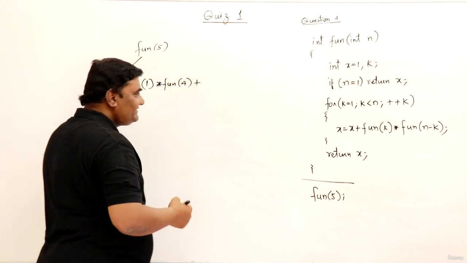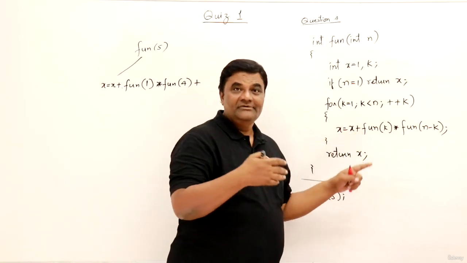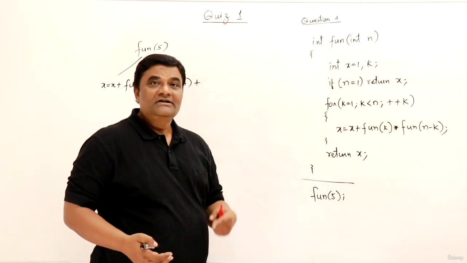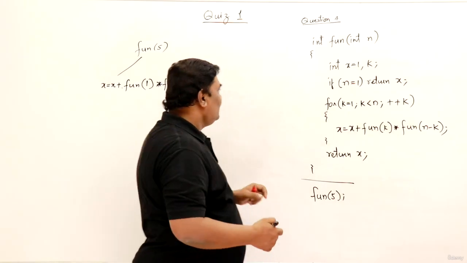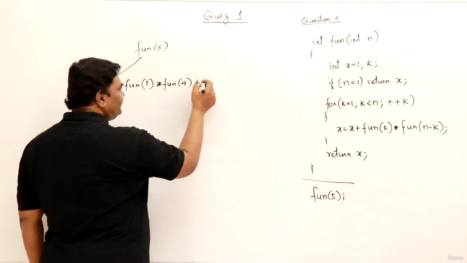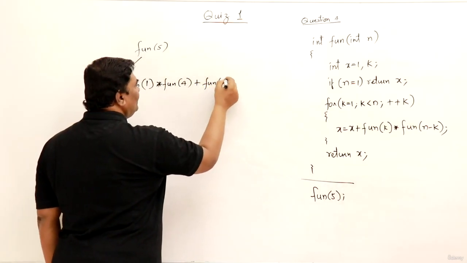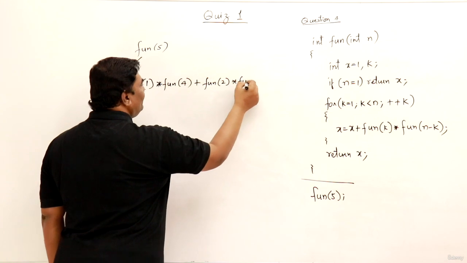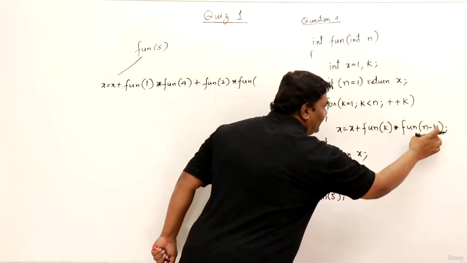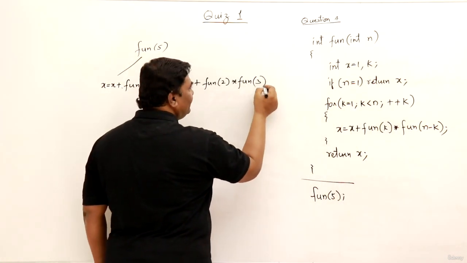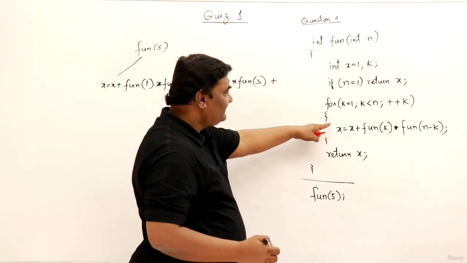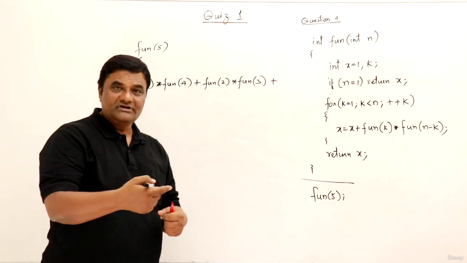Then plus, because this is going to be added into x every time. So again one more time. That time k is how much? 2. Right now k is 2. So this is fun of 2 into fun of 5 minus 2, that is 3. Then plus, this is in the for loop. Repeat one more time.